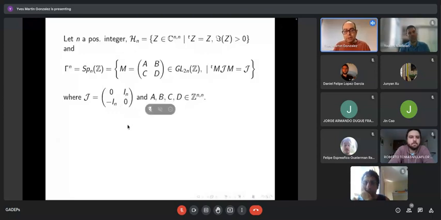That's one ingredient, and the other one is this group Gamma n, which is a symplectic group of size 2n with integral coefficients. So these are 2n by 2n matrices with entries in the integers, such that M transpose J M is equal to J, where J is this special matrix: 0, identity, minus identity, 0. We will always write this matrix M in this group in blocks A, B, C, D, each of them of size n by n.